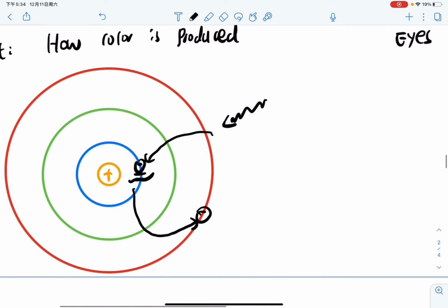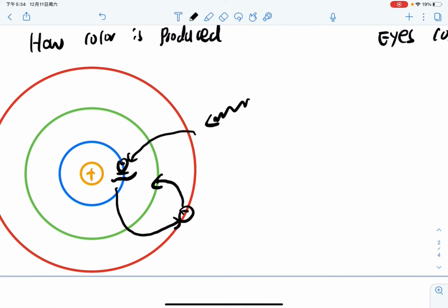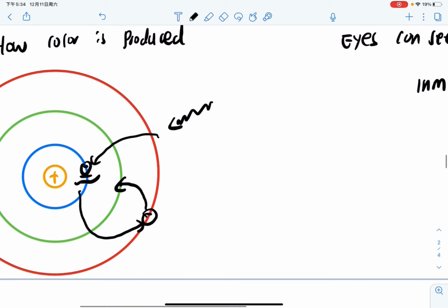The outer shells have higher energy, and after a while the electron will go back to the lower shells. When it goes back to a lower shell, it releases energy, and the energy is released in the form of light, because light has energy.